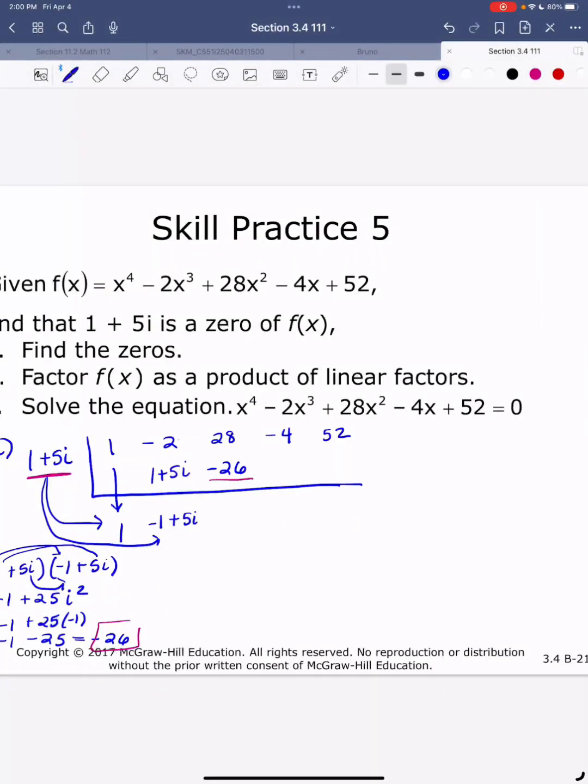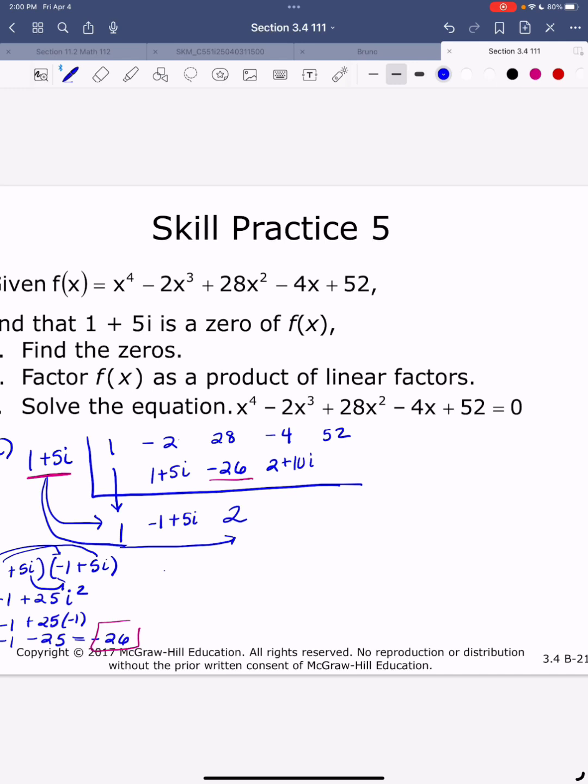Now, 28 minus 26 is just 2. 2 times 1 plus 5i. So I now have to take 2 and multiply it times the 1 plus 5i. So I'm going to get a 2 plus 2 times 5i is 10i.